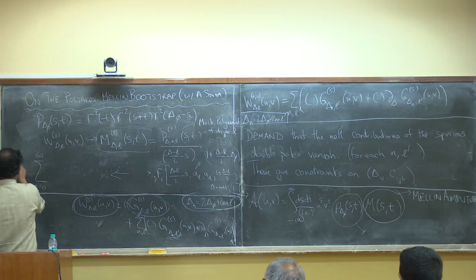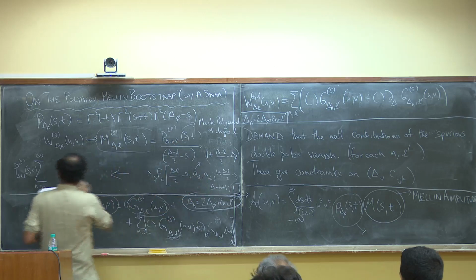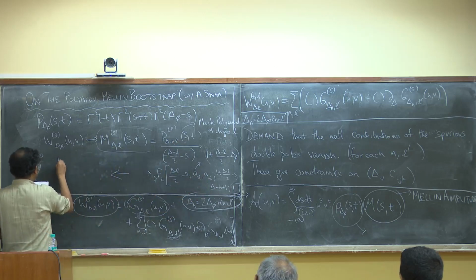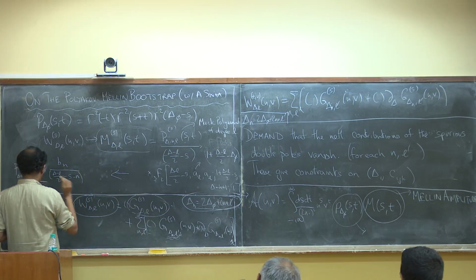So it's basically this polynomial of S and T, same thing. If you take this polynomial out, this thing can be written in the following way. Very simple.